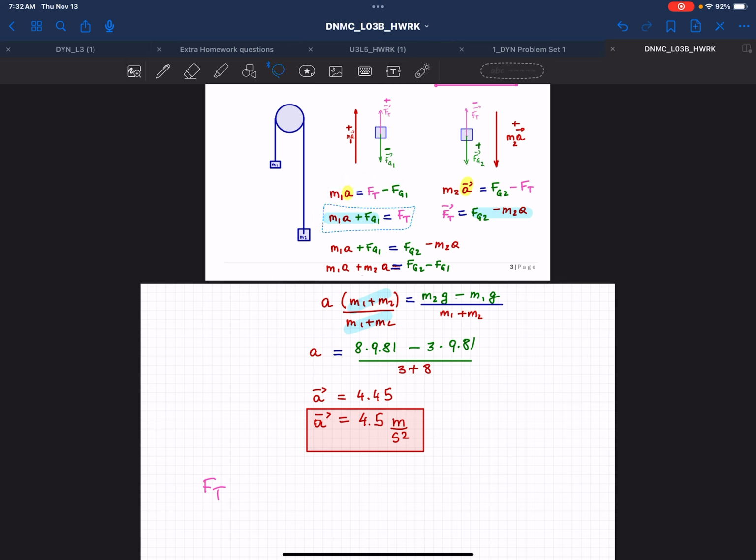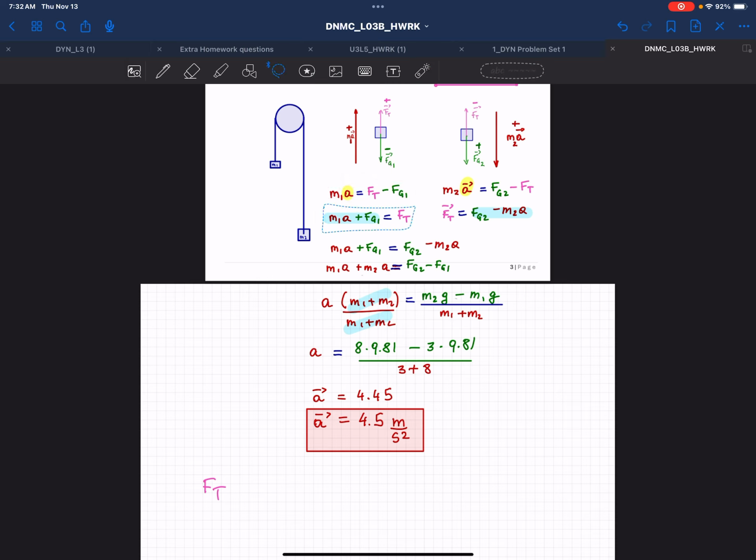So that means we have the mass of 3 kilograms multiplied by 4.5, and then plus Fg1, which is equal to 3 times 9.81, which will equal the force of tension.